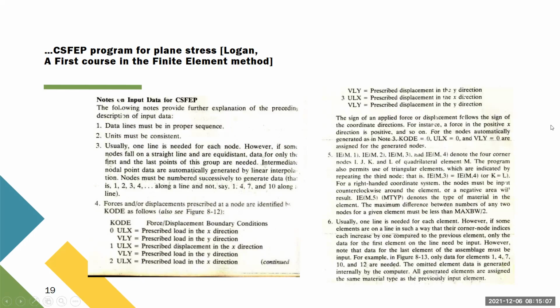So if you select, let me find my pointer. Where is my pointer? Here is my pointer. So if I select 0, that means that you have to specify the load in the X and Y direction. Remember that specify a value of 0 is something which is, 0 is a known value, okay?